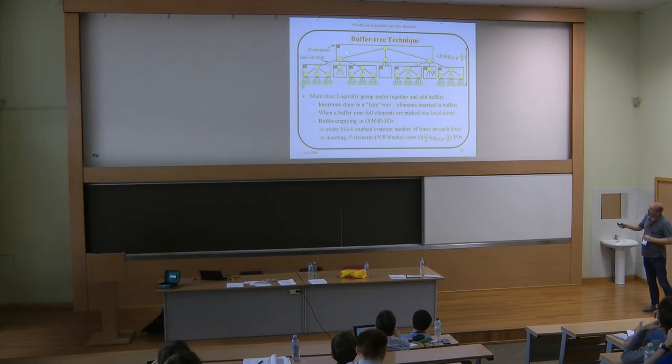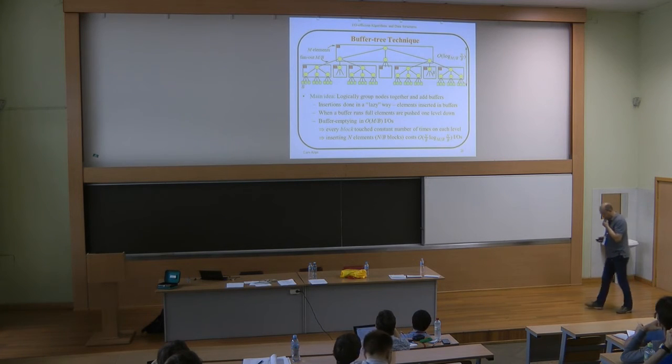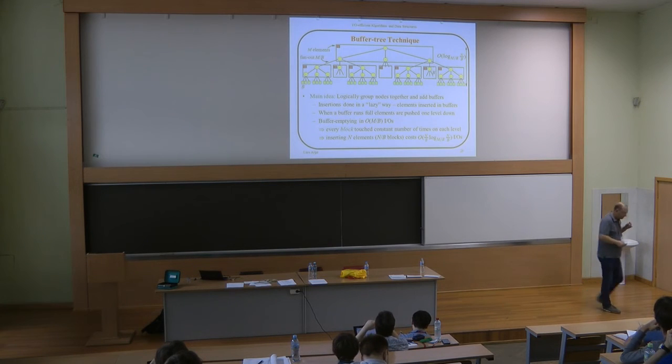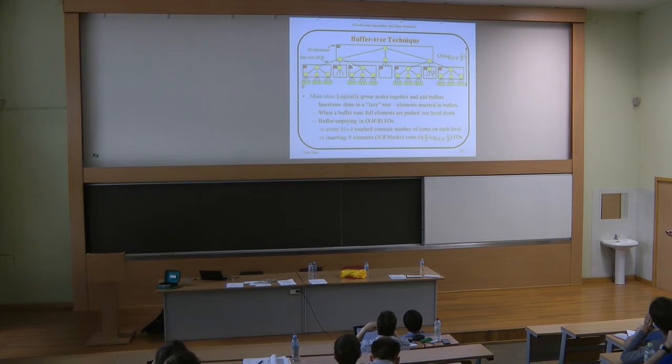And then I give each of them a buffer of size M. What I'm now going to do is that when I want to do an update, in a B tree I would search down the tree, do an update and then rebalance. Here, I'm just going to be lazy and stick it in this buffer. So I'm just going to put an element in the buffer of the root saying, eventually you should do this insert or delete.